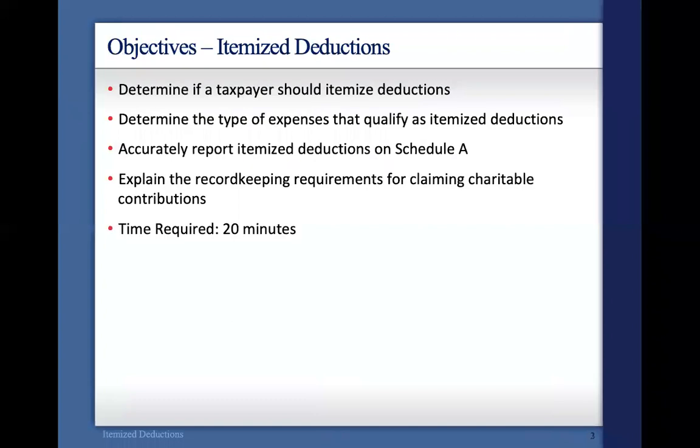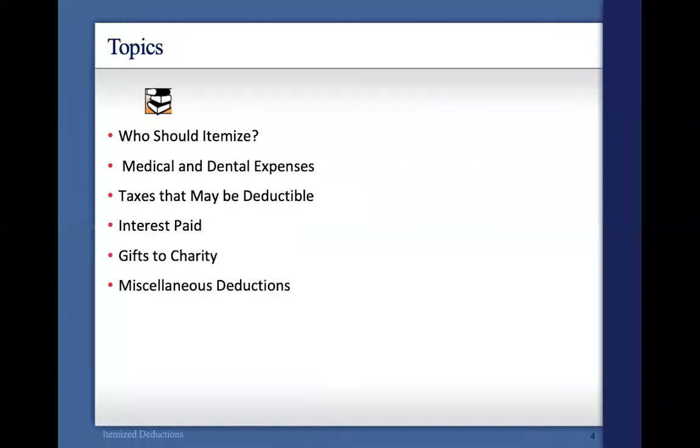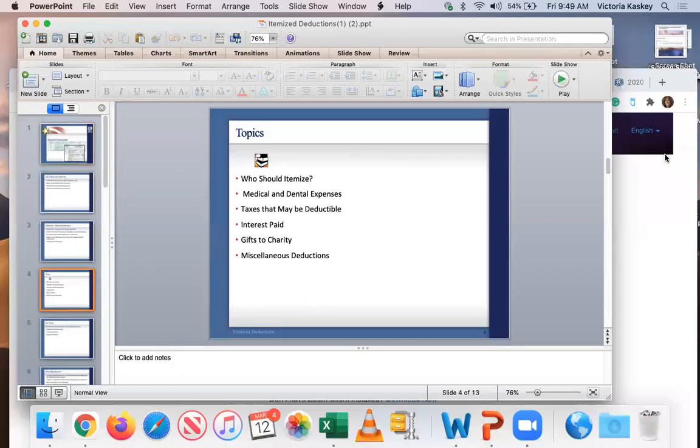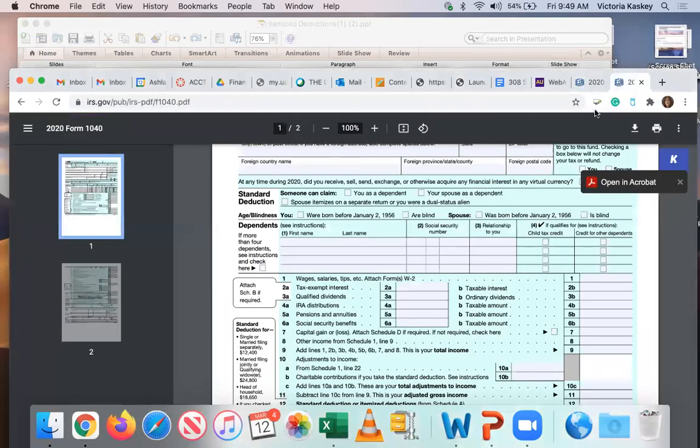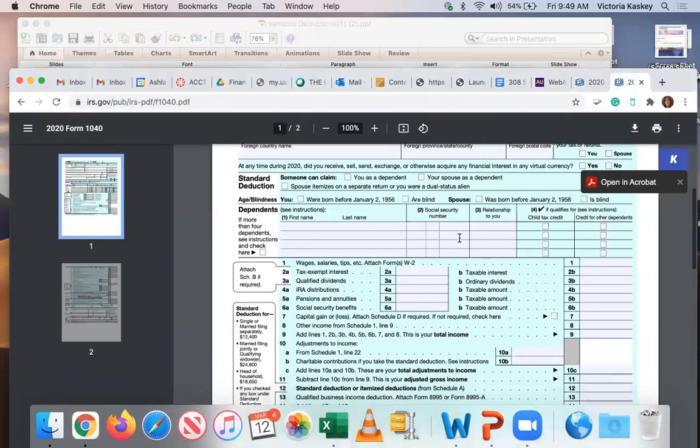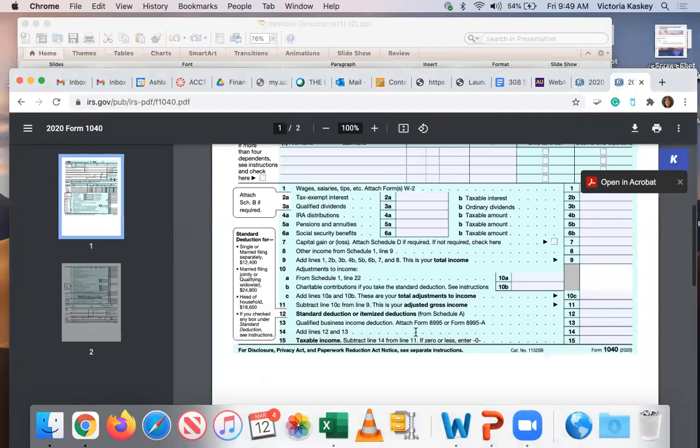So the itemized deductions here are, again, if a taxpayer would itemize when they believe that by itemizing, they can exceed their standard deduction. And if we look on our 1040 form here, notice when we get down to line 12, and this is why I want you to hopefully have it in front of you because it's kind of small print.